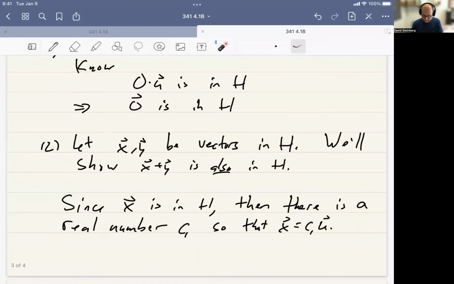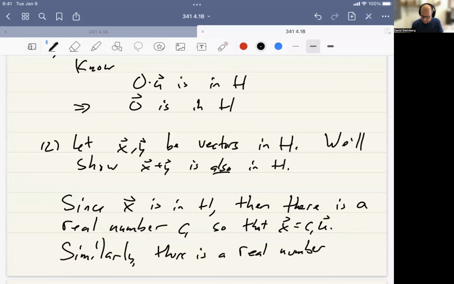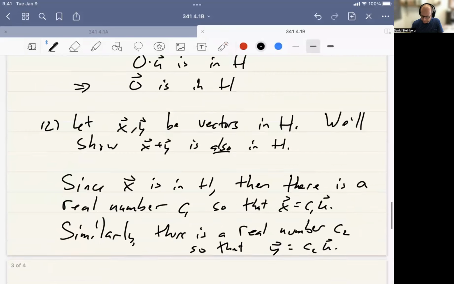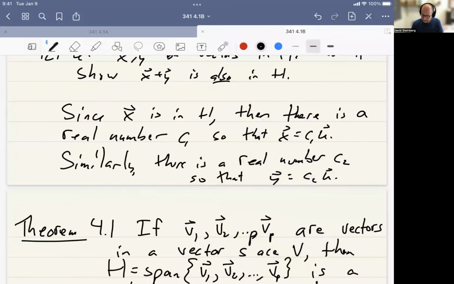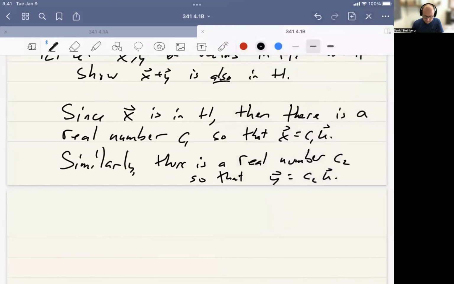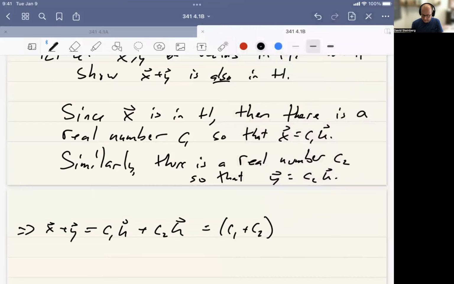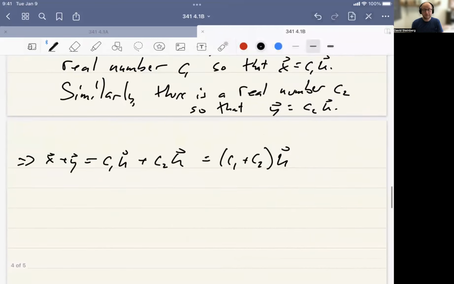And then similarly, there is a real number C2 so that Y is just C2 times U. So then X plus Y is secretly C1 U plus C2 times U. And now, since we know a little bit about arithmetic and even these abstract vector spaces, we know that we can factor out our U. So this is C1 plus C2 times U. Now, we know that the sum of any two real numbers is still a real number.